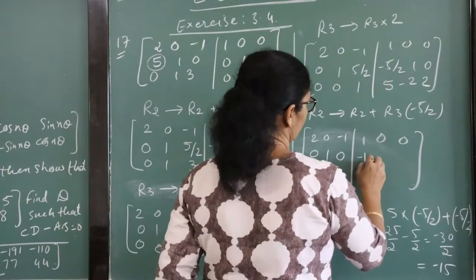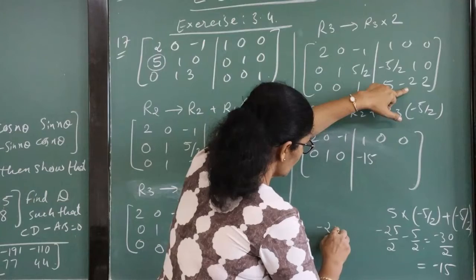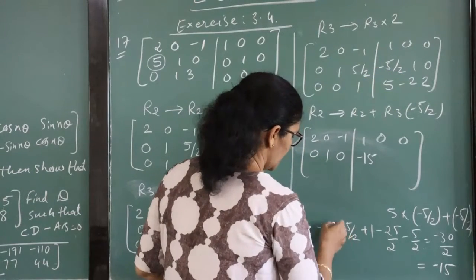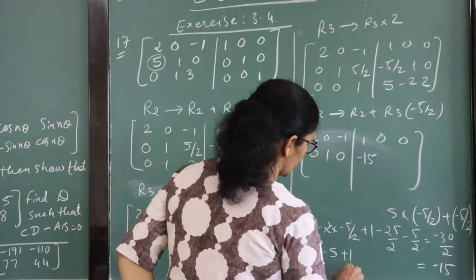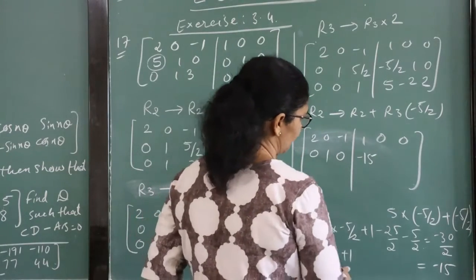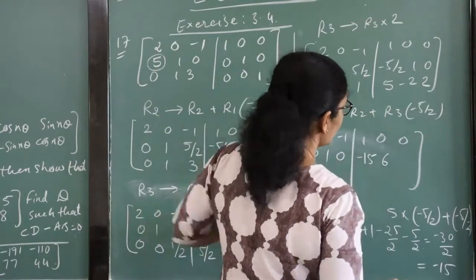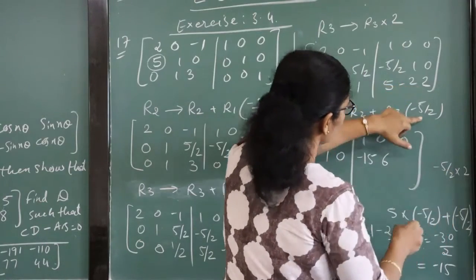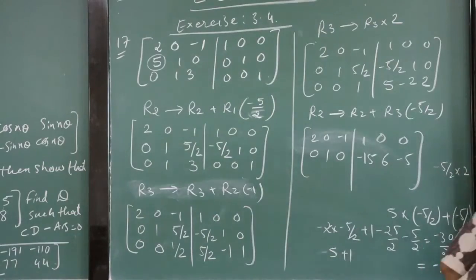So our first term will be minus 15. In a similar way, this: minus 2 multiplied with minus 5 by 2 and added in 1. These 2 cancel, minus minus plus. So 5 plus 1, 5 and 1 will be 6. And here multiply this term, minus 5 by 2 into 2, added in. So here you get only minus 5.